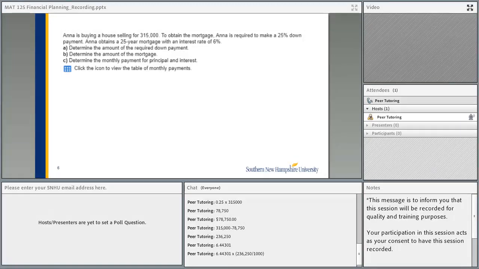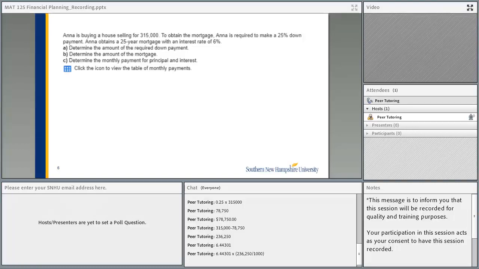So let's do that in the calculator. I'm going to do the 236,250 divided by 1,000 first. Then I'm going to multiply that by 6.44301. And just as a little hint, I would not round until the very end with these.